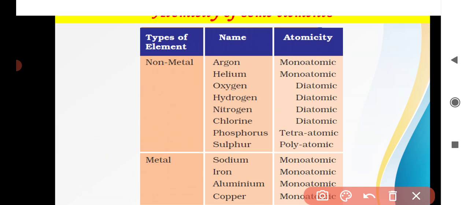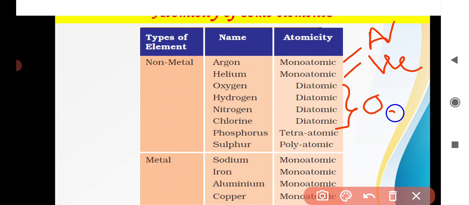So let us go to the list. Here argon and helium are monoatomic. That means their molecule is a single atom. For example, Ar and He are present in nature in the form of single atoms. Oxygen, hydrogen, nitrogen and chlorine are present in diatomic form, for example O2 or N2.